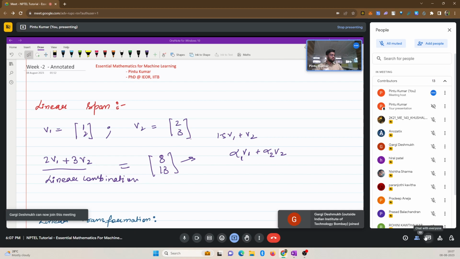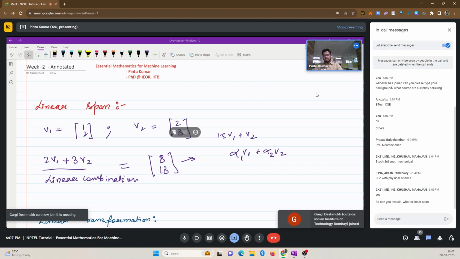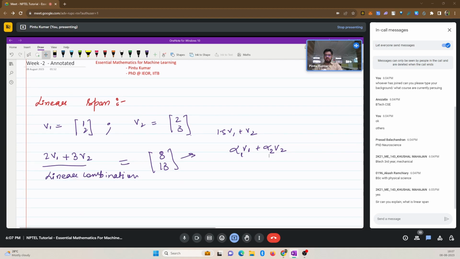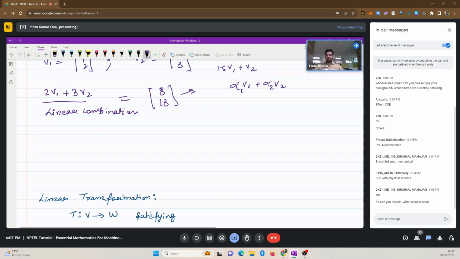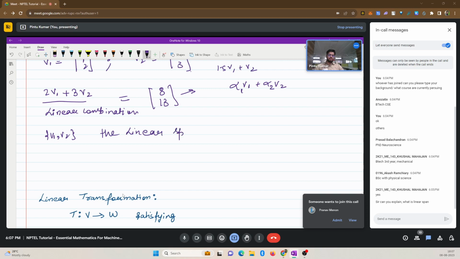So what is actually a linear span? Let's say you have vectors v1 and v2. Then the linear span of your set v1 and v2 is the set of all possible linear combinations of these vectors.